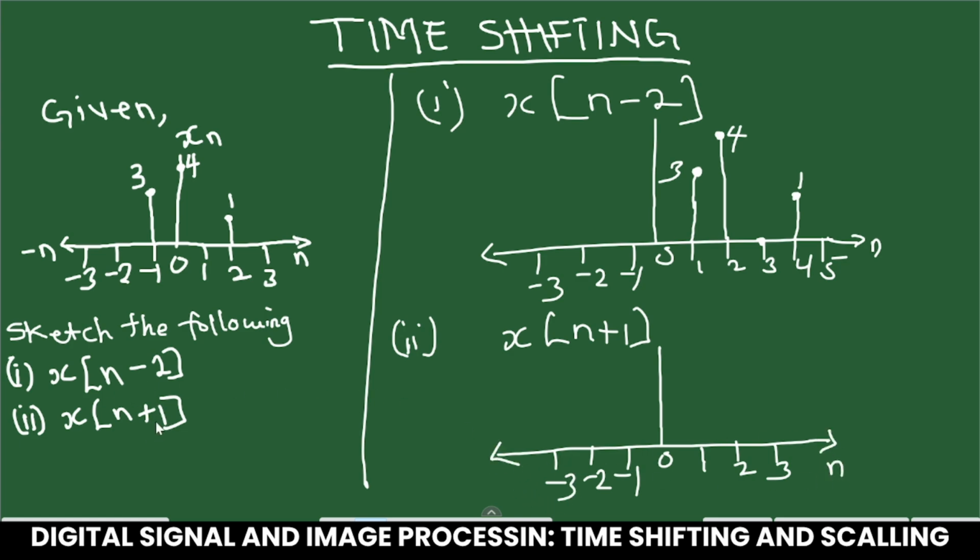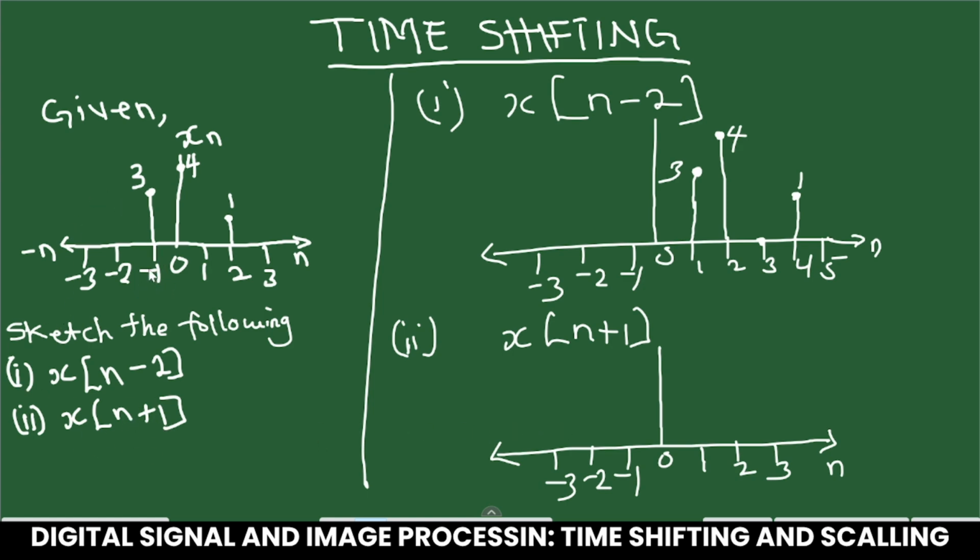That's okay. So positive integer here, n plus 1. Anytime you see n plus whatever integer it is, know that you are going to experience time advancement and the whole samples are going to shift towards the left. So if it is 1, we are going to shift each sample to the left by a place of 1.